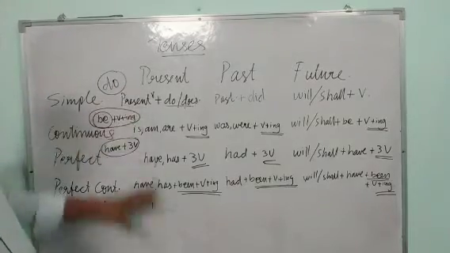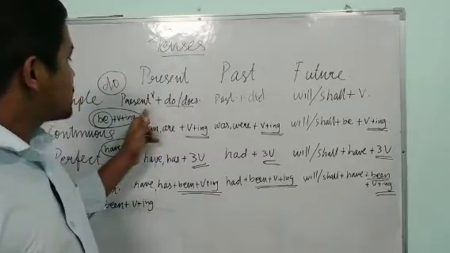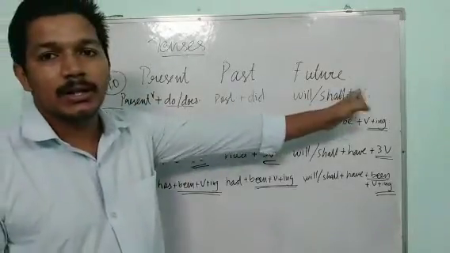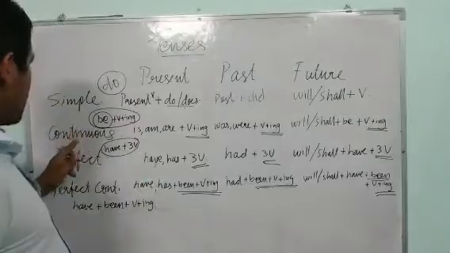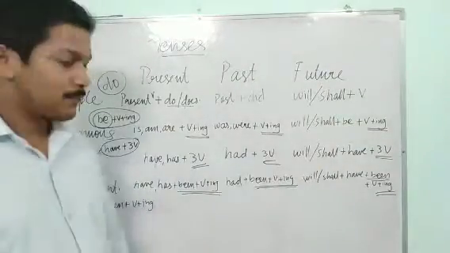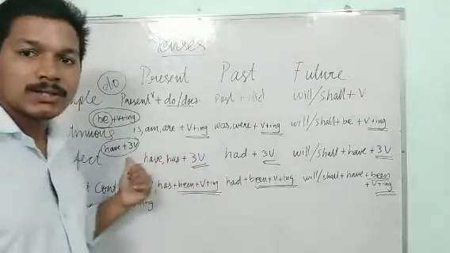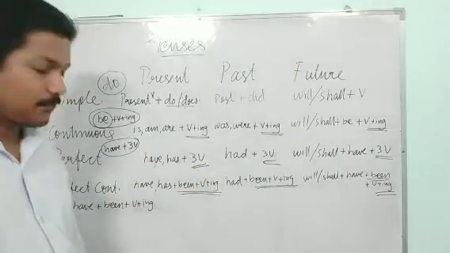Okay. So as I told you, here two form verbs are there. The present form of the verb is used in the simple line. Then in the continuous line, be form verb plus ing is commonly used. And in perfect tenses, have form plus the third form of the verb is used.